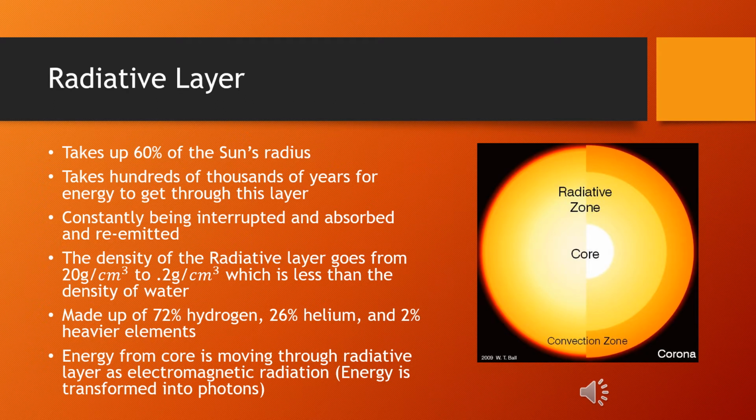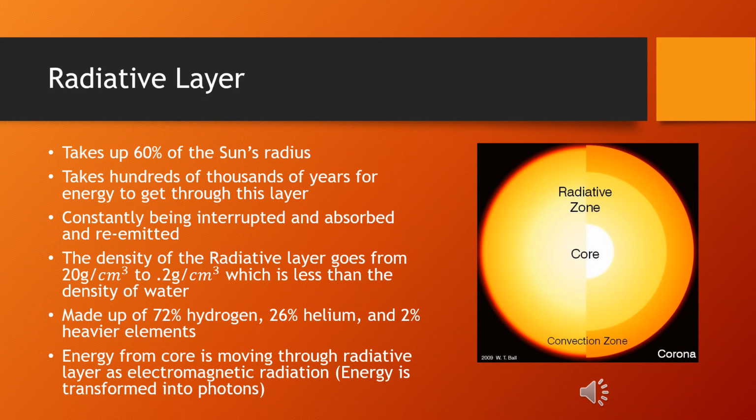After the gamma rays are emitted by the nuclear fusion reactions happening in the core, they move into the radiative layer of the sun. This layer takes up about 60% of the sun's radius, and it actually takes hundreds of thousands of years for energy to get through this layer. It takes so long for them to get through the radiative layer because they're constantly being interrupted, absorbed, and re-emitted. The density of the radiative layer goes from 20 grams per centimeter cubed to 0.2 grams per centimeter cubed, which is less than the density of water.